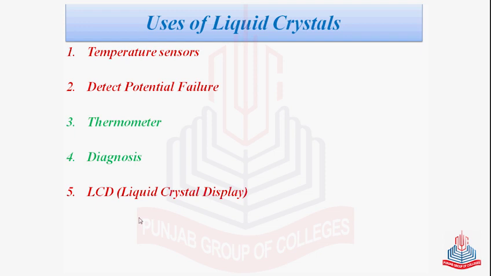When that field or the electrodes are energized, उनकी वजह से liquid crystals के अंदर arrangement में change आता है. And because of that change in arrangement of the molecules of the liquid crystal, various numbers, figures or letters will be formed. And hence it is used in the LCDs.